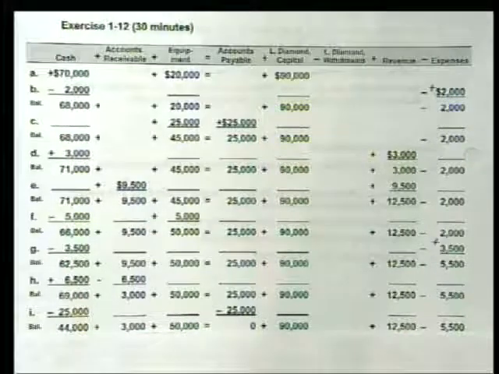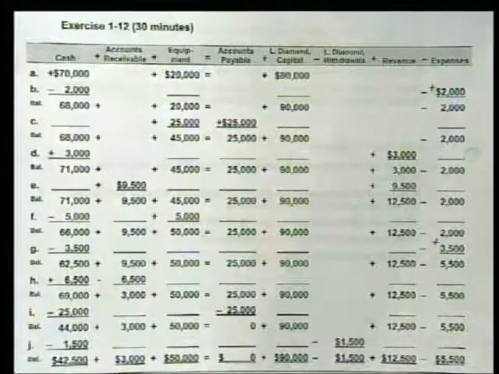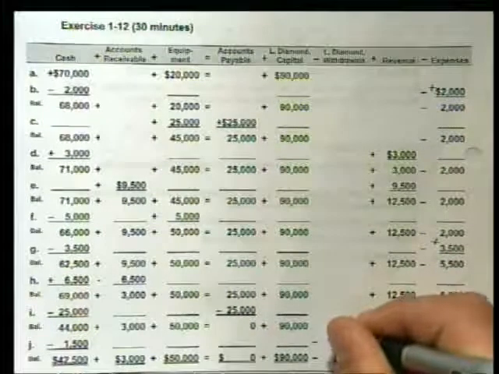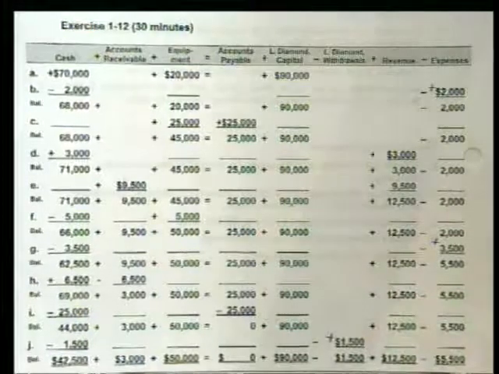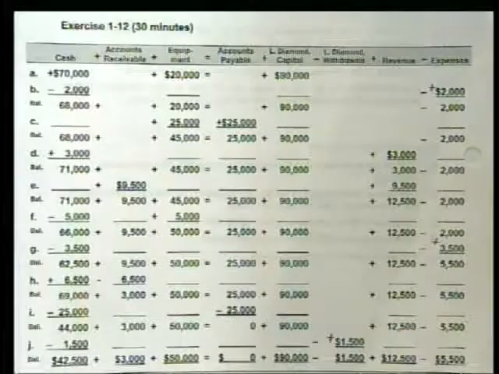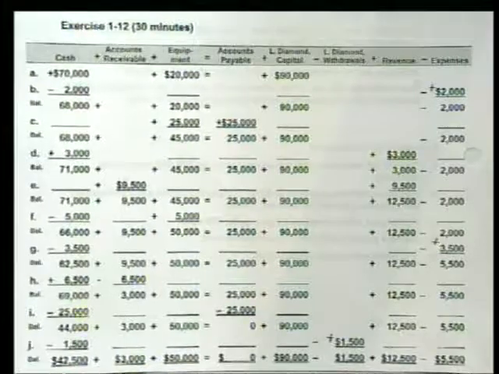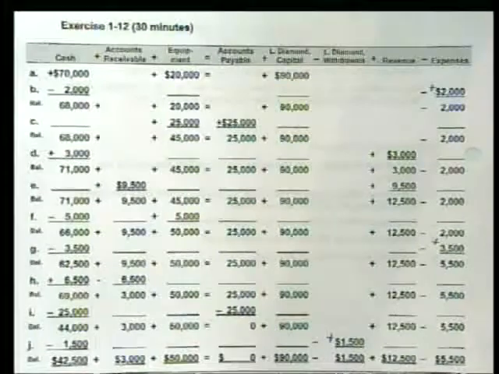And then lastly, J. Owner withdrew $1,500 cash from the company for personal use. Your withdrawals actually go up, but those are subtracted in arriving at total equity. And your cash, now this was one that students get tricked up on because they think, okay, the owner withdraws cash, they need some cash. So shouldn't that be plus 1,500?